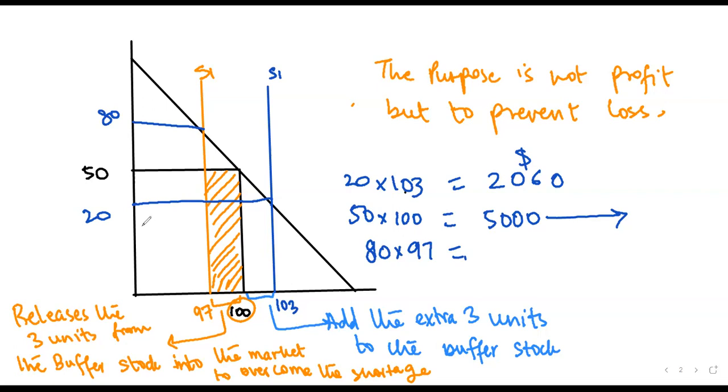80 is actually a very high price. Let's just take it up to 60. That's 5820.